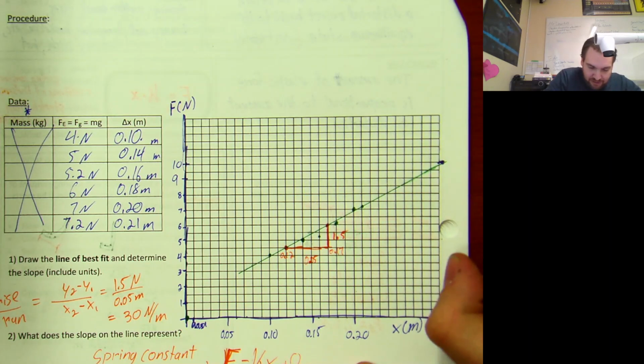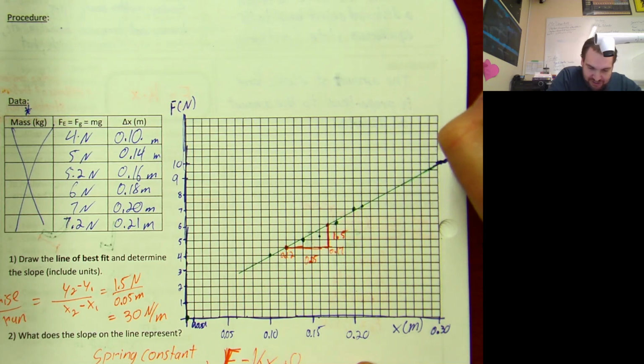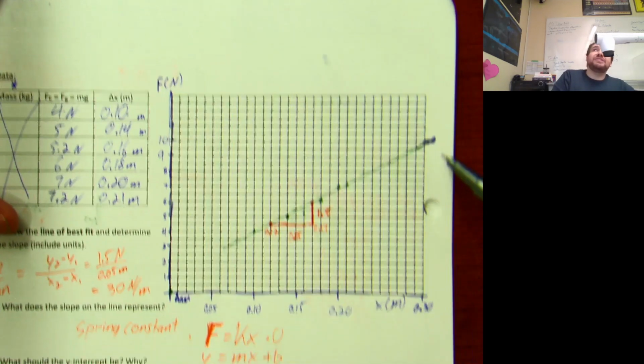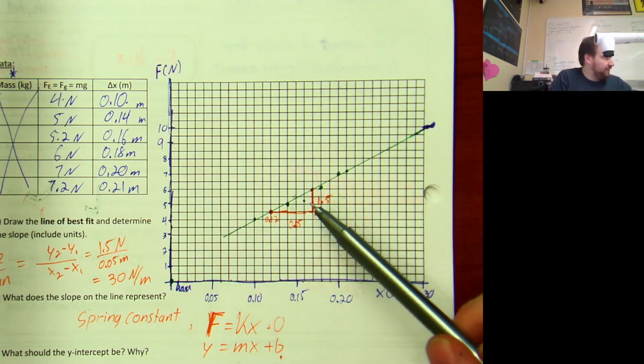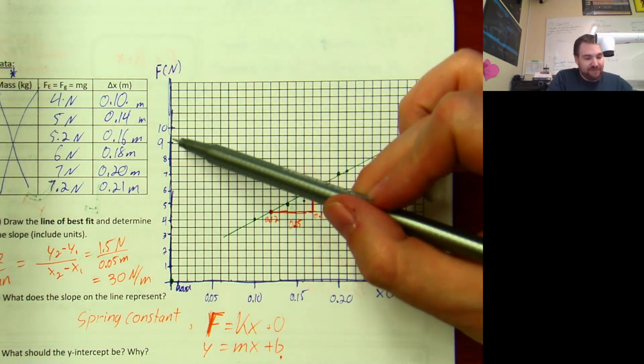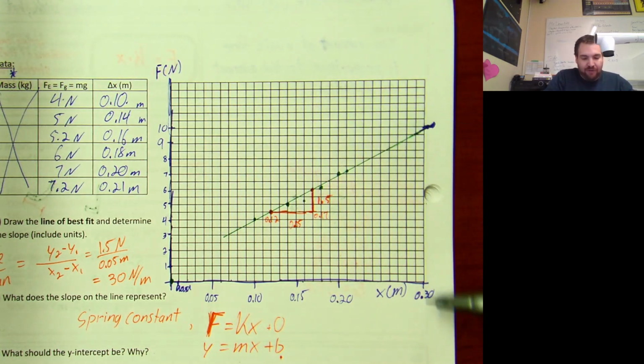This would be 0.30, and I know I'm going to be just off the graph here. So we calculated it, but the line of best fit also gives it to us. Because 1 kilogram is 9.8 newtons, I go over to 9.8, I go down. I would land over here at 0.32 meters. It's pretty good.